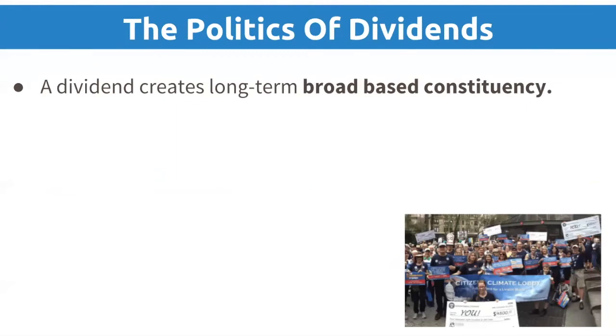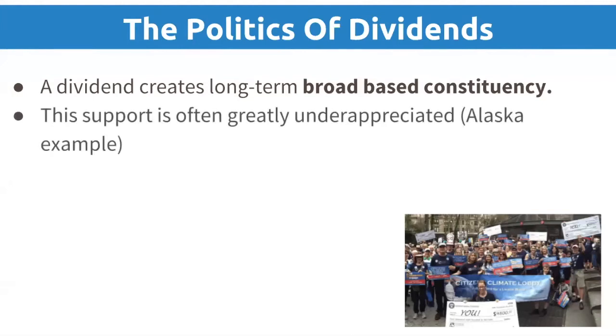The Alaska Permanent Fund that I mentioned is 43 years old, which shows the staying power of the dividend concept. Citizens have fought to keep their annual dividend in place. Many conservatives and progressives have different interests for the revenues, that is, tax swaps or spending on clean energy.